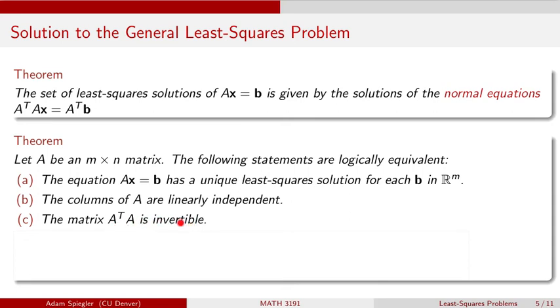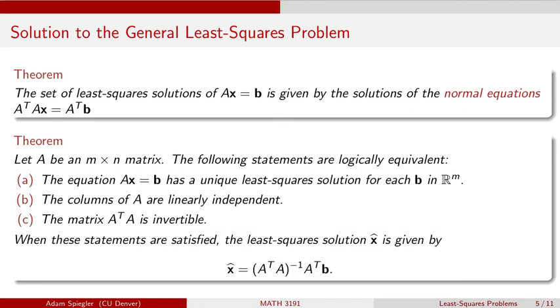And so if A transpose A is invertible, then we can multiply both sides of this normal equation by the inverse of A transpose A, and that's going to give us a solution that we can write out so that we've solved for X. So the least squares solution we denote with a vector X with a hat on top of it.